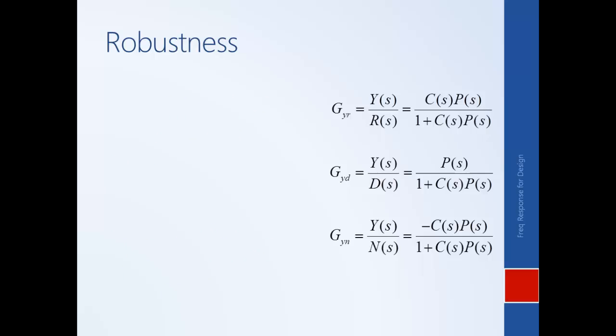Going a little bit deeper, let's go ahead and attempt to design a controller to attenuate noise and to attenuate disturbances. So for example, if we made the magnitude of our controller large, if we made C large, then for a disturbance, this magnitude of C is getting large, and let's say the magnitude of the plant, the process, is staying the same, then we have something that's getting very large being divided into something that's staying the same, and so the magnitude of the response of the output to that disturbance will get smaller and smaller and smaller.